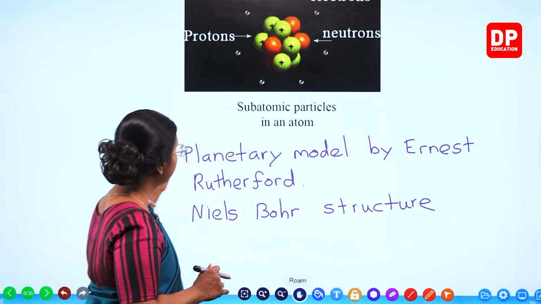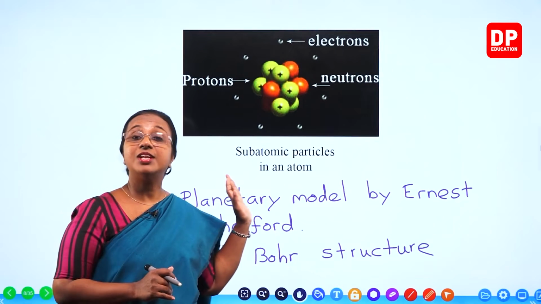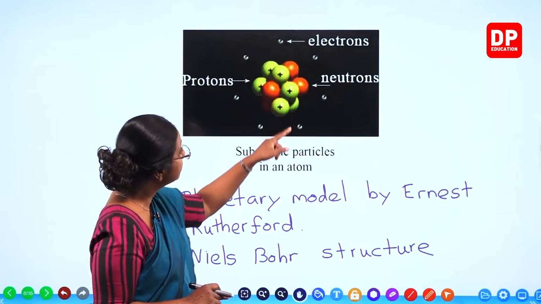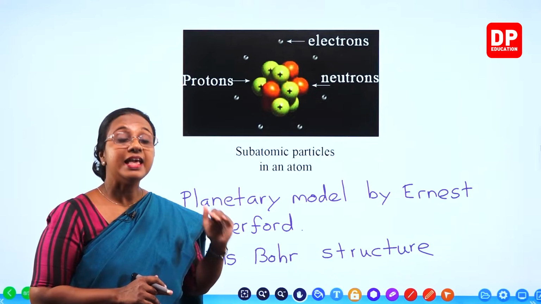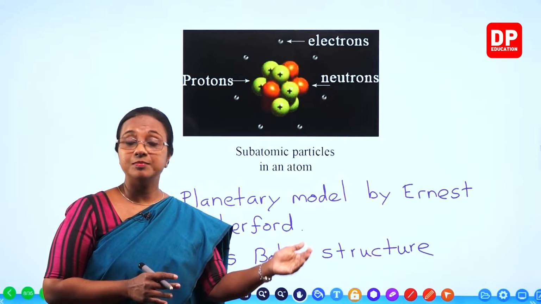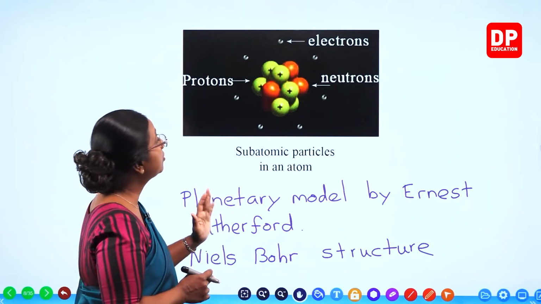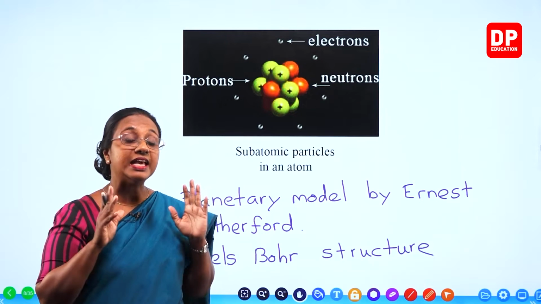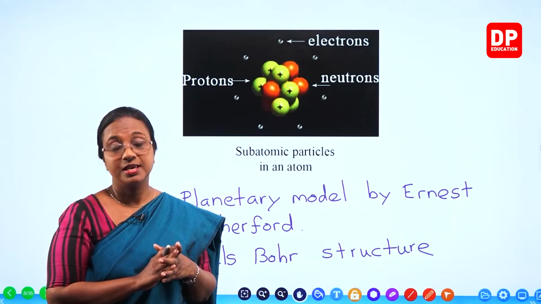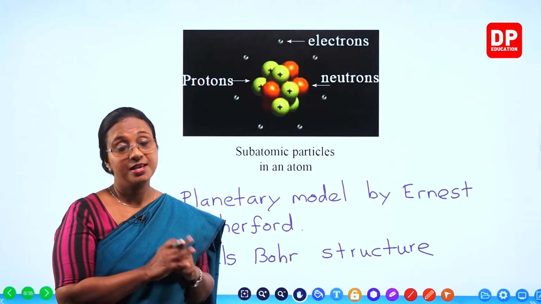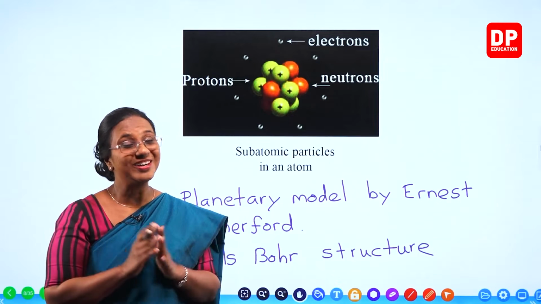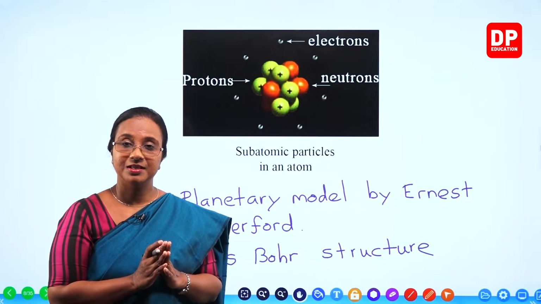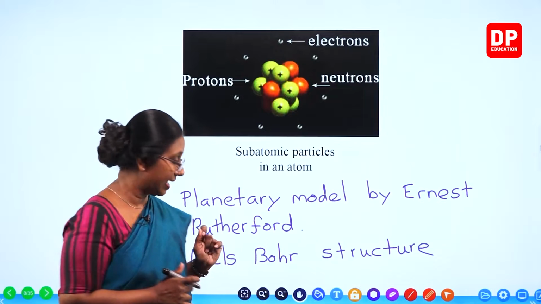The important thing that you all have to remember here, when it is related to static electricity or current electricity, is that the electrons that are present in the shells can go from one atom to the other. But the protons, which are positively charged, and the neutrons that are neutral, cannot move from the nucleus. They are confined within the nucleus. That is the important thing. I'm sure you all can remember all these and understand the basic concept. So with that, I'll move on to the next slide.